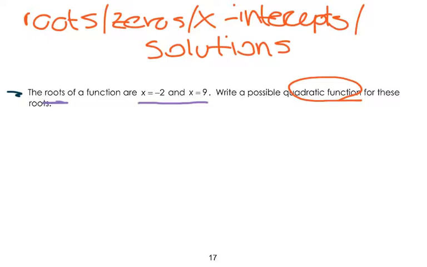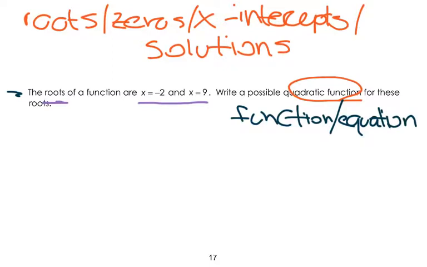If I were to set up a little diagram, originally we would start with our function, or I'll put here equation. This would be our starting point.